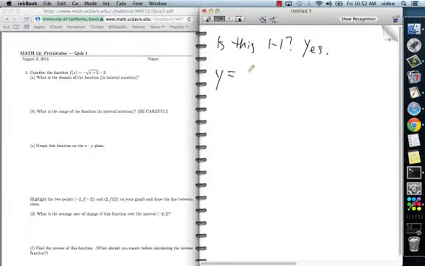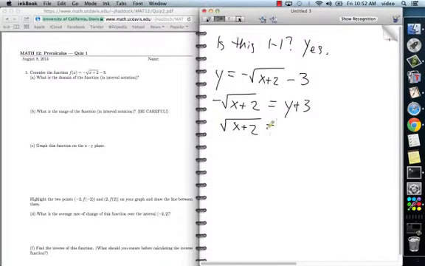So I set up y equals f of x. So just like when I'm solving for the range, I set up y equals negative f of x, and then I solve for x to find the inverse function, just like I do with the range. Okay, so just like before, I get negative the square root of x plus 2 is equal to y plus 3. So the square root of x plus 2 is equal to negative y minus 3.